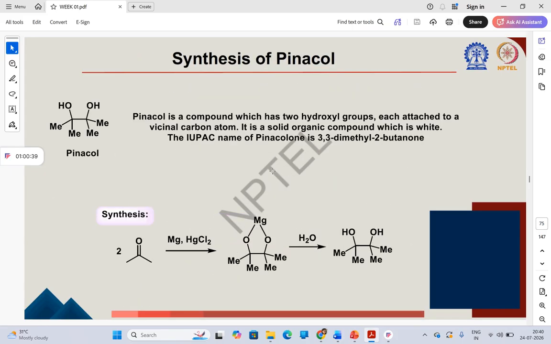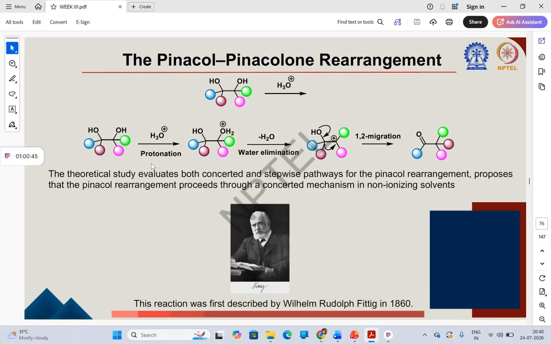Then let's talk about the pinacol rearrangement. What happens in the pinacol rearrangement? First, in acidic conditions, protonation takes place. After the protonation, H2O will knock out and carbocation formation takes place here, right?